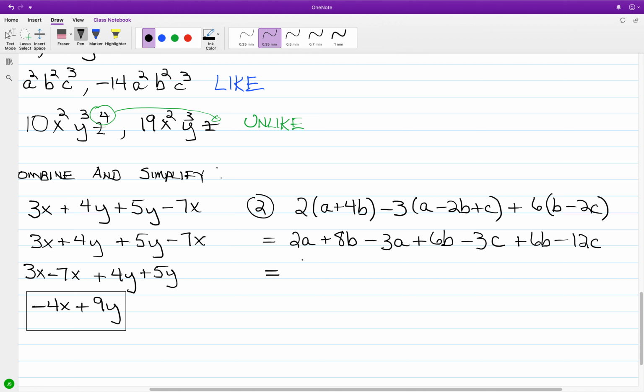And combining like terms together. Now if you can see it mentally and arrive at the final result, that's all right. Here we have 2a and negative 3a. And for what we have in b, here we have 8b plus 6b plus another 6b.